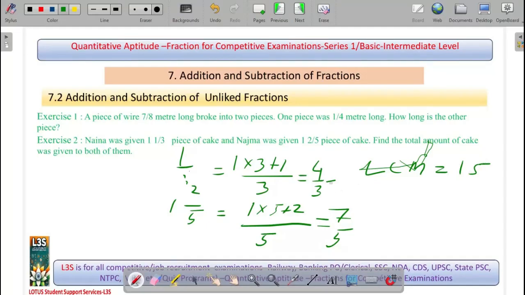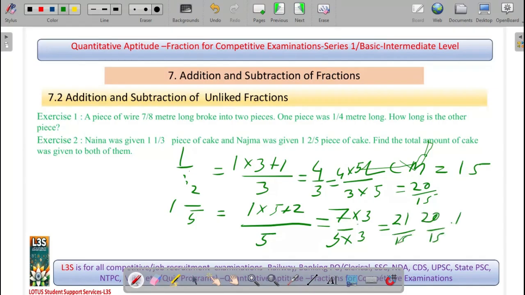So we have to convert this into an equivalent fraction: 3 into 5, 4 into 5, 20 by 15, and this one will be 5 into 3, 7 into 3, 21 by 15. Now if we add 20 by 15 plus 21 by 15, we'll get 41 by 15, and that will be the answer.